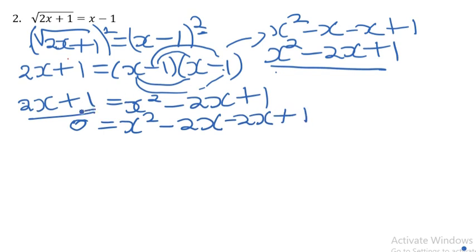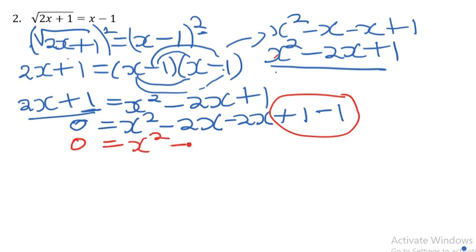You take this plus 1, you transpose it, you will have minus 1. So this gives us 0. We will have 0 is equal to x squared minus minus 2x will give me minus 4x.